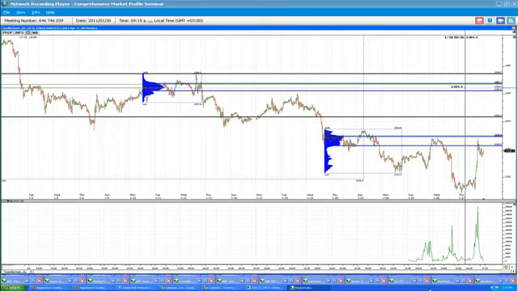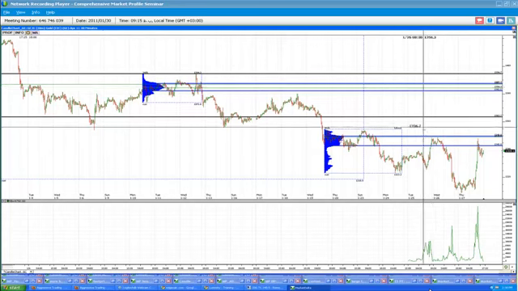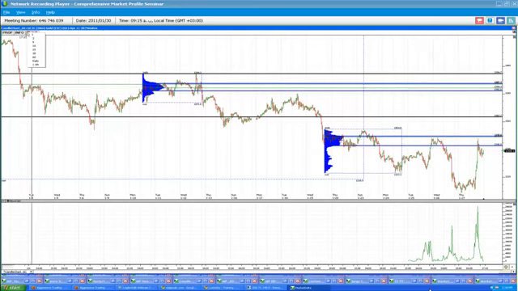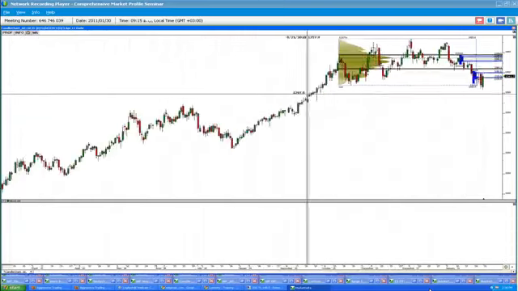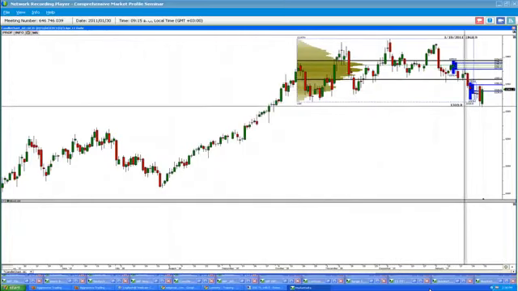But at any rate, two of the standard setups we have are an FBO1, an FBO2, and a ping pong. Okay, in the case of a failed breakout, the failed breakout trades all happen when you have balances of any type. But in this case, it's a big balance, and there's an attempt to break out of the range of the balance, and you come back inside the balance.